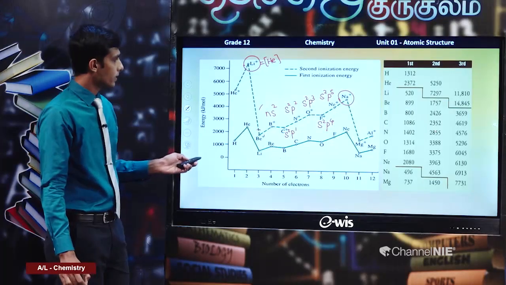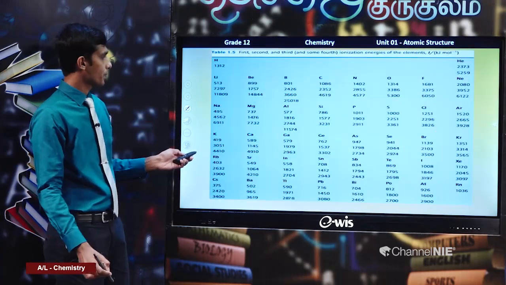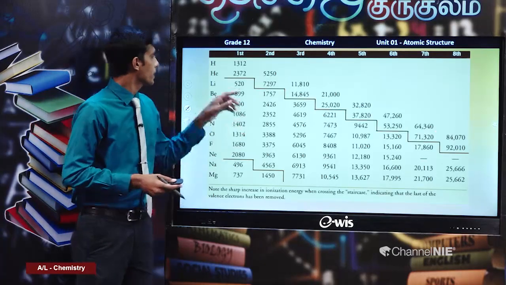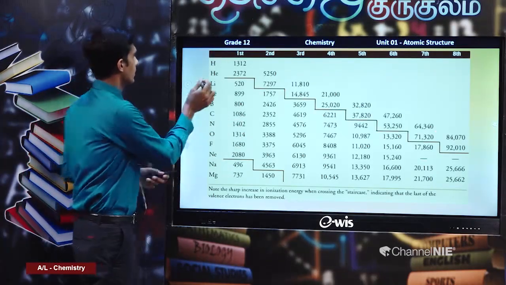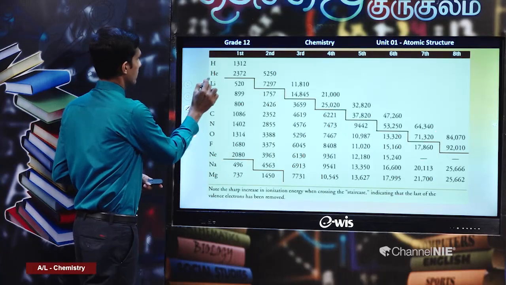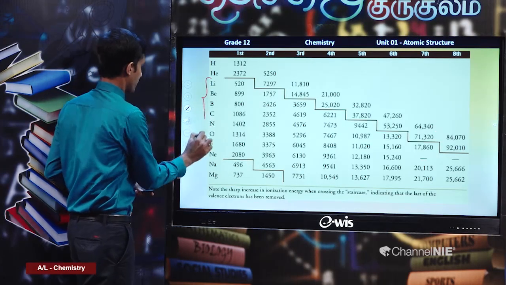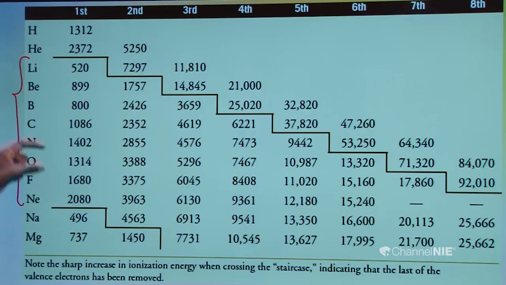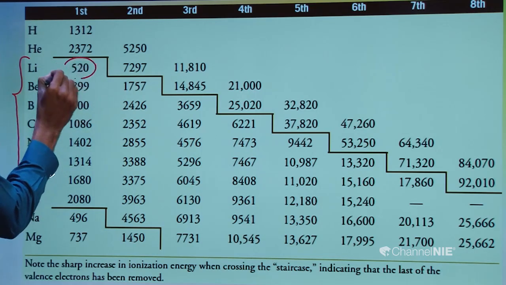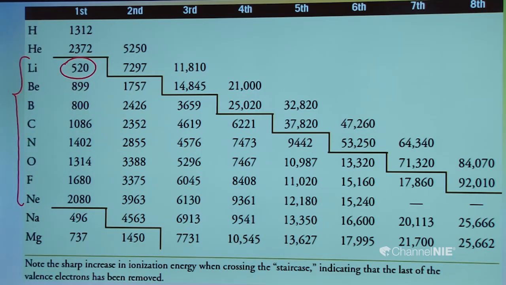Now, when we analyze these values here, you can see the first ionization energy of these elements in the second period from lithium to neon. First ionization energy is least in the first group. First ionization energy is highest in group 18, or we can say group 0.